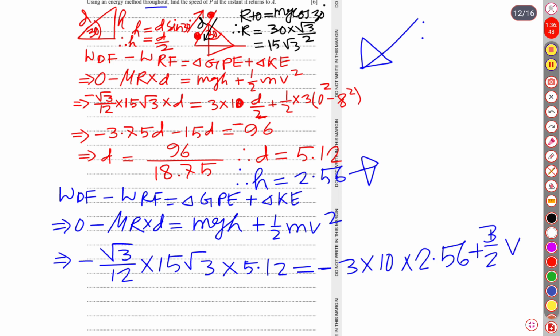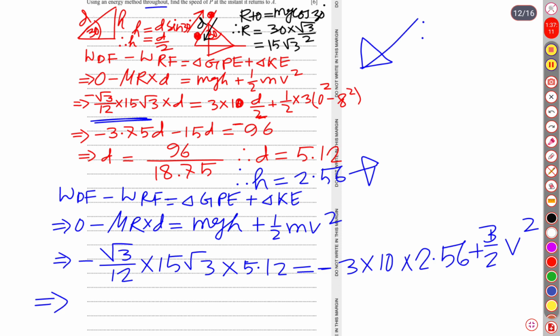So initial velocity is 0, that's why it is simply final velocity square. On the left side it is going to be as usual 1545 divided by 12. Already we have used this information. It is 3.75. So negative 3.75 and then d is 5.12.